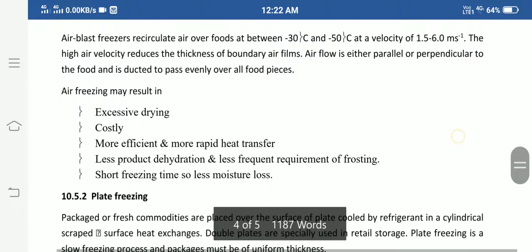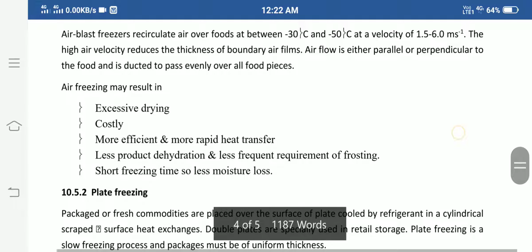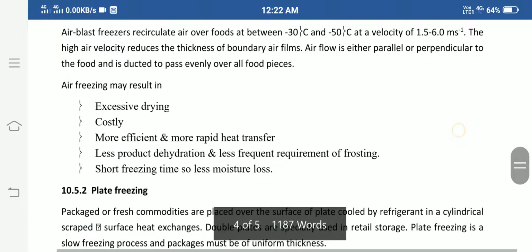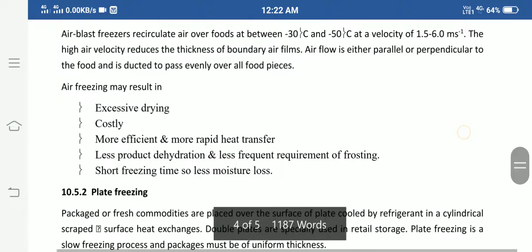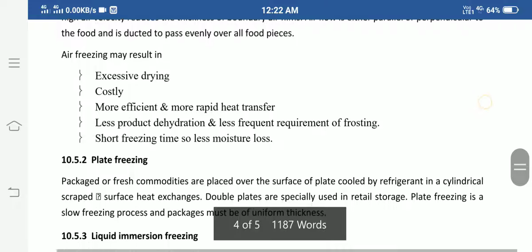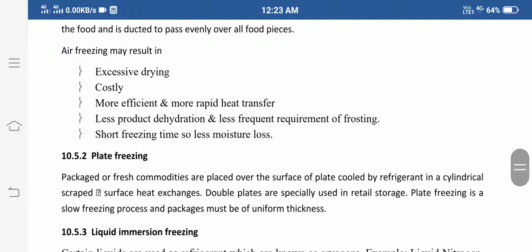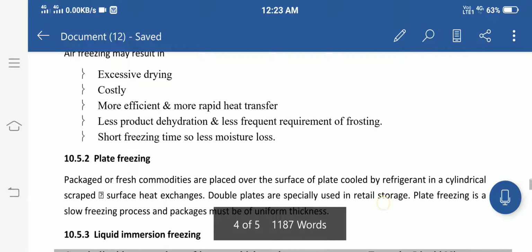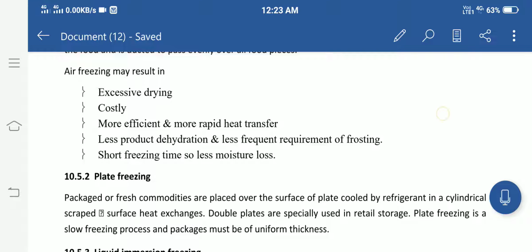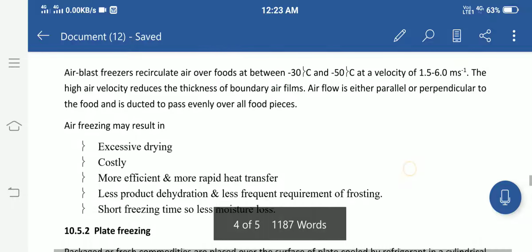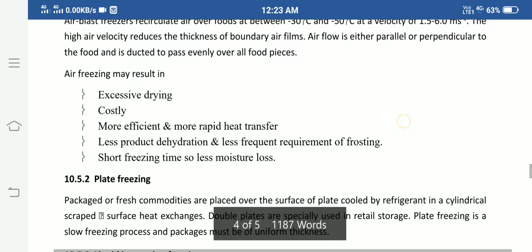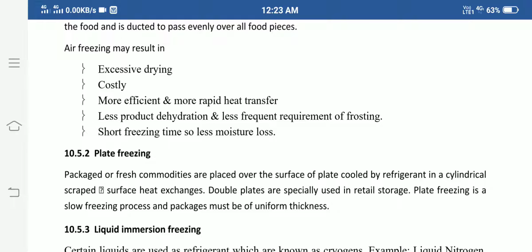So basically, the very cold air at -30 to -50 degrees centigrade is blasted upon the food for quick freezing, but this immense amount of lower temperature air with this kind of velocity may result in excessive drying.